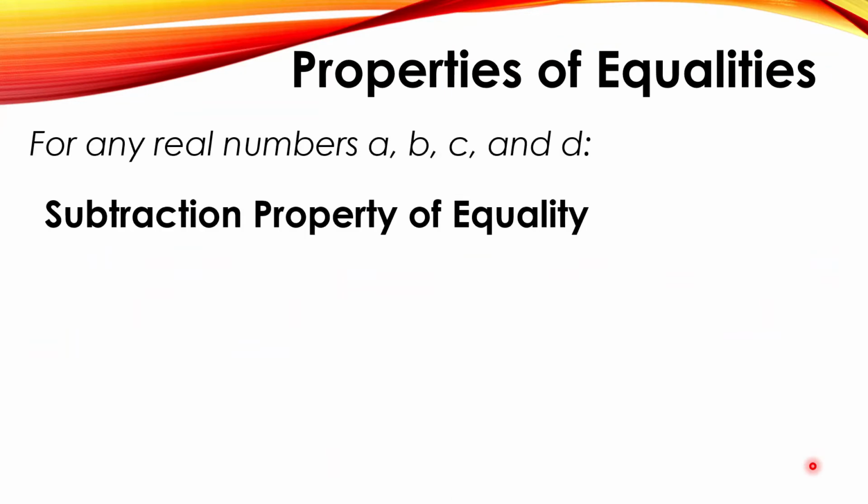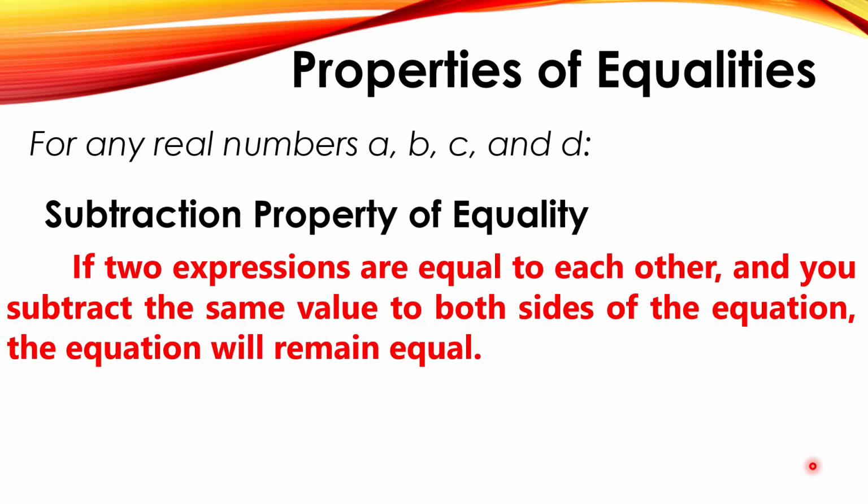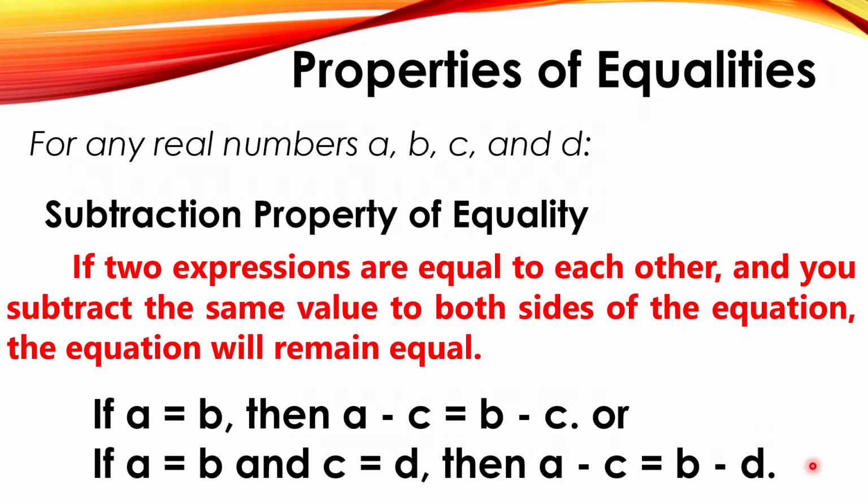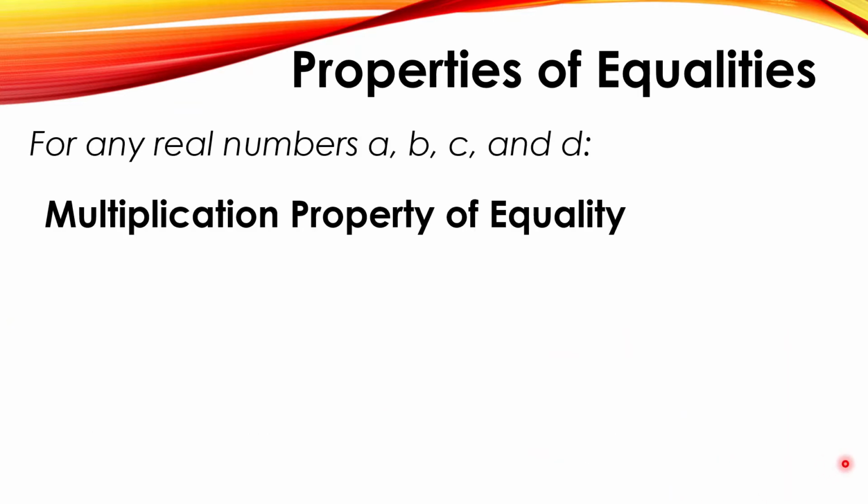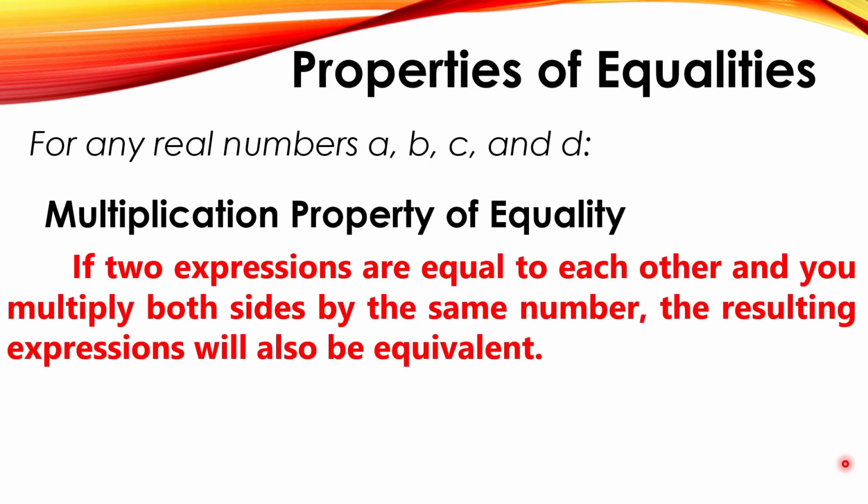Next is the subtraction property of equality. If two expressions are equal to each other and you subtract the same value from both sides, the equation will remain equal. So similar to addition, ang operation lang dito is subtraction. Okay? And for multiplication property of equality, if you multiply both sides by the same number, the resulting expression will also be equivalent.